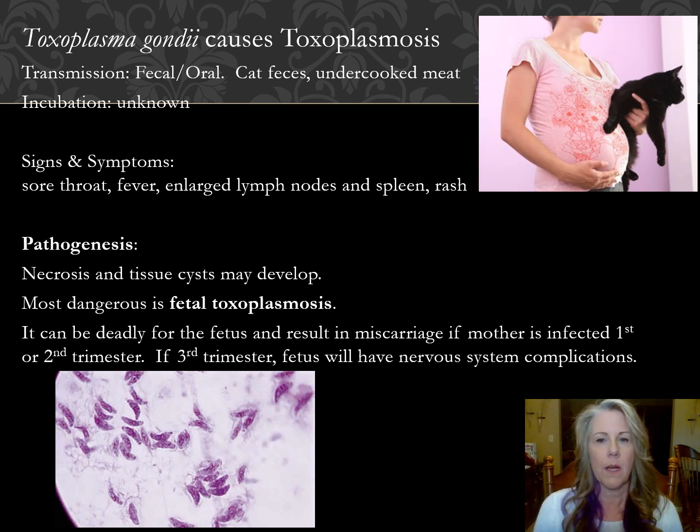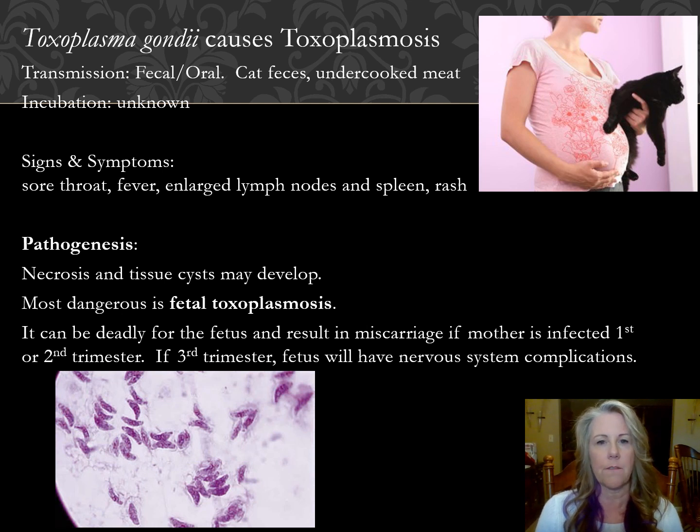A little bit more on pathogenesis. The most dangerous type of toxoplasmosis is fetal toxoplasmosis. This particular organism can cross the placenta and cause some major damage in the developing cells. It can be deadly for the fetus and result in miscarriage.